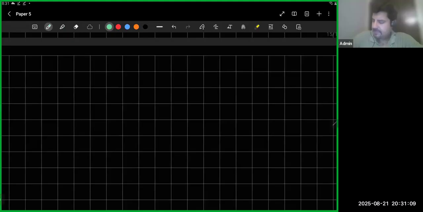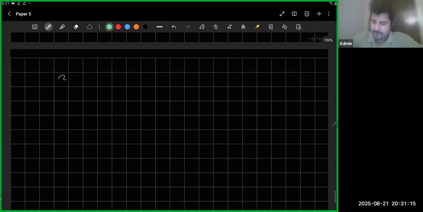Now the next thing is we'll just talk about basic stuff and techniques that are used in the lab. Under that you've got measuring mass of a substance. So how do we measure the mass of a substance?